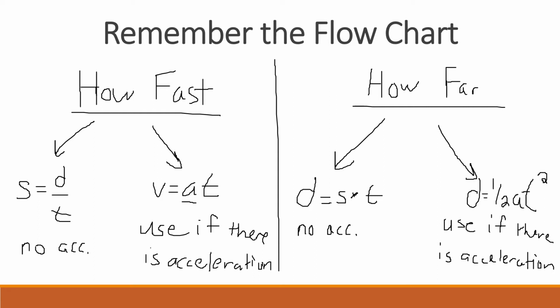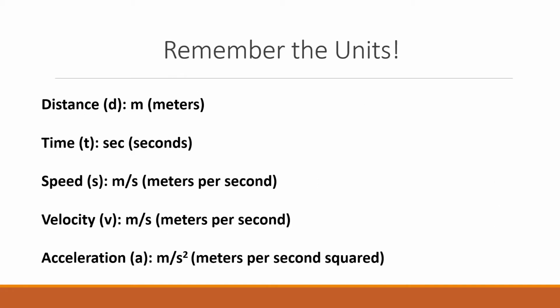If there is no acceleration, you're going to use speed equals distance divided by time. If a question asks how far, you are looking for distance. You're going to use distance equals speed times time if there is no acceleration. And then you can use distance equals 1/2 acceleration times time squared if there is an acceleration. And what we're going to do now is examine how to find out how to do that.